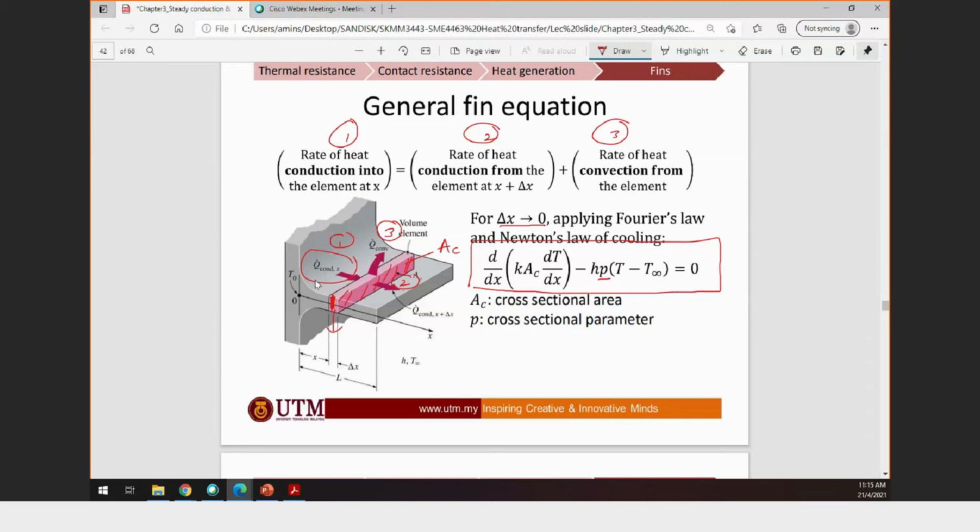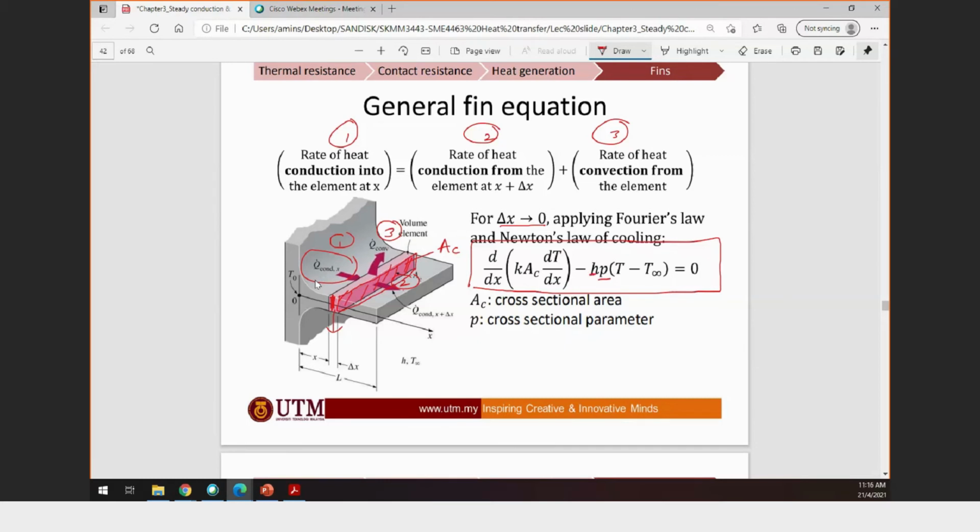P is the perimeter of the fin. Whether it is a square shape, a circular shape, or probably a triangular shape, depending on the fin design, as well as H.